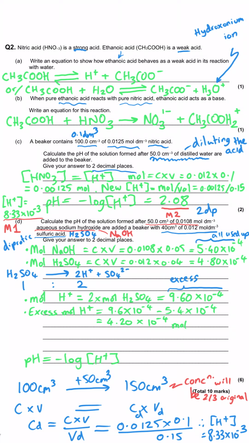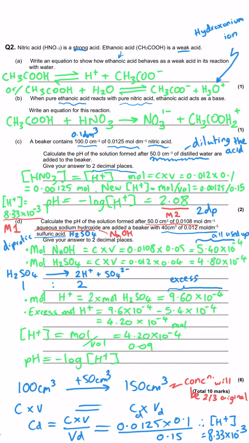And so step 5, which is why I've left this little gap, is to work out what the hydrogen ion concentration is now. Since moles is conc times vol, concentration is moles divided by volume, the new combined volume. So the moles is what I've just calculated. The combined volume is the 50 cm cubed plus the 40 cm cubed, so 90 cm cubed, which of course is 0.09 dm cubed.